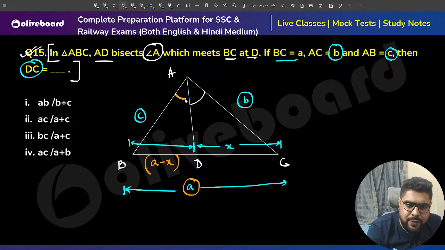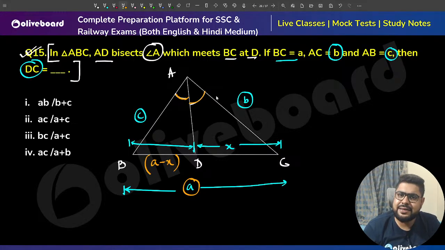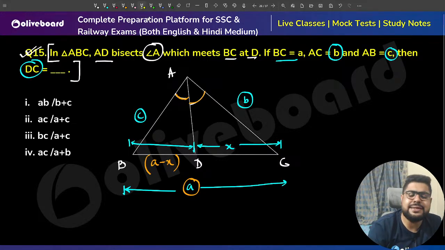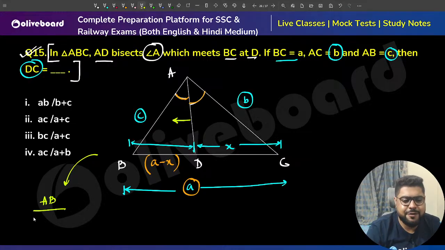Now again we know AD is the angle bisector. If it is an angle bisector, we can use the angle bisector theorem. So AB divided by BD, whatever is towards the left, is equal to AC divided by CD, whatever is towards the right.